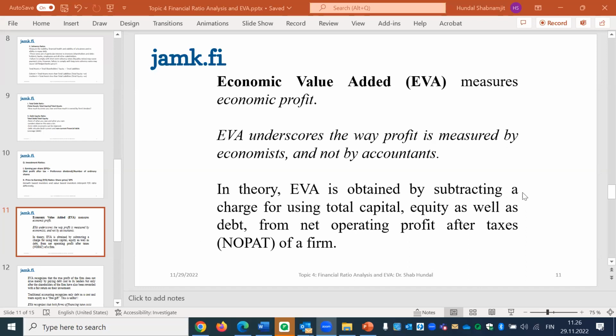The last topic for this syllabus of this course is economic value added. Today, I shall discuss the theory part only, and I will let you experiment with the numbers by yourself, because we will be meeting next week as well.